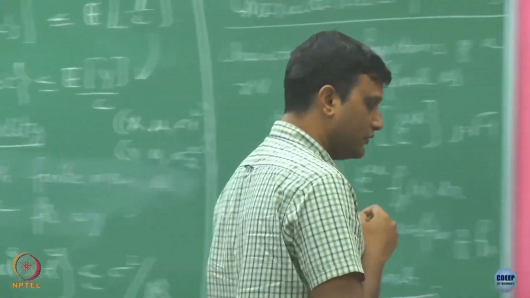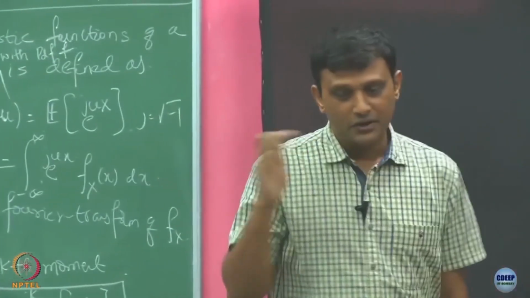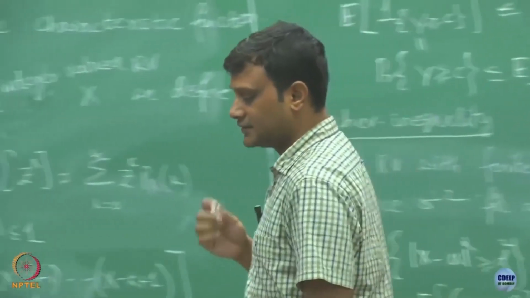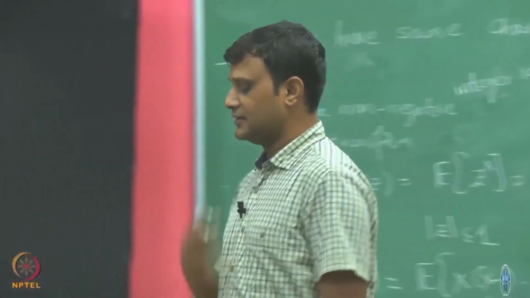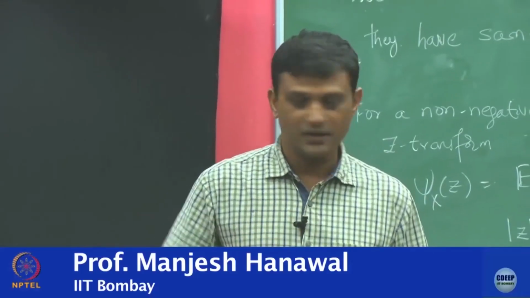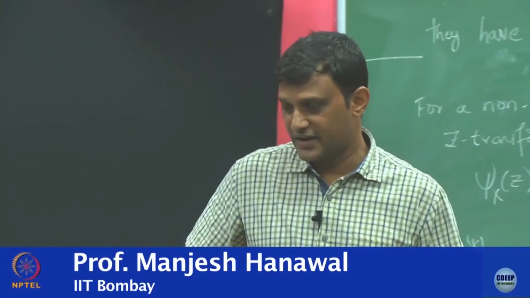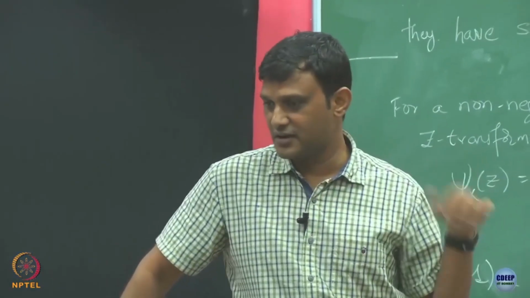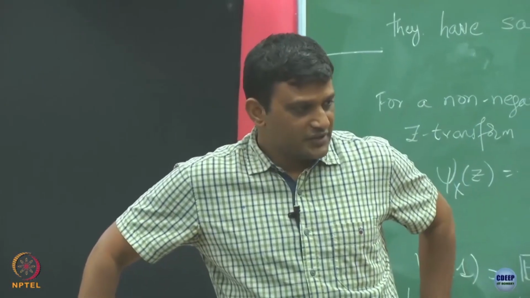So next what we will do is, so far we have been just defining random variables, what are the possible characteristics one should be interested in, and we defined expectation, variance, and then characteristic function.